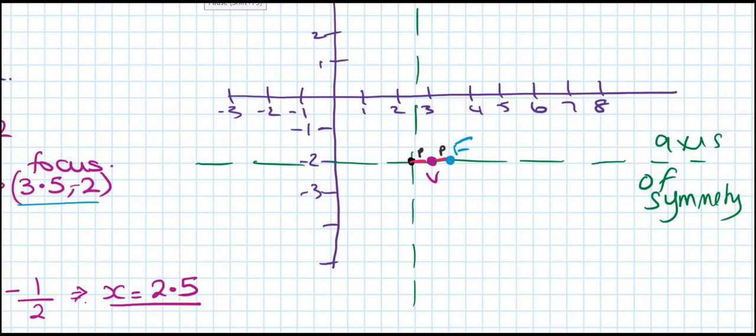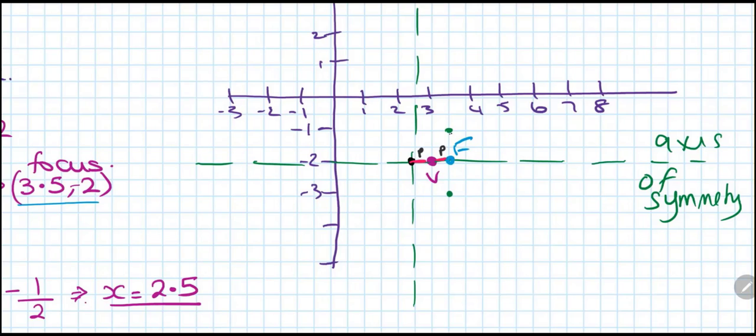Okay, so we just need to add onto our graph the latus rectum. We know that it's 2 units in length and the focus is in the middle, so it's going to be at 1 unit either side of the focus.